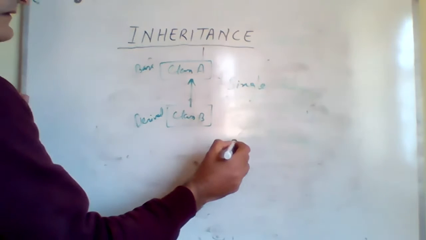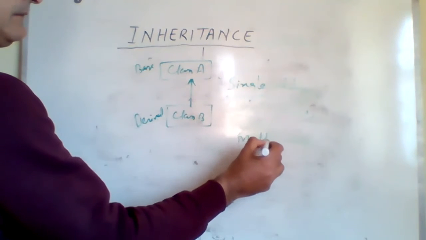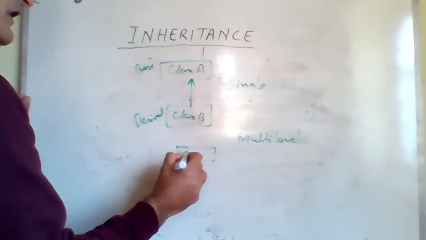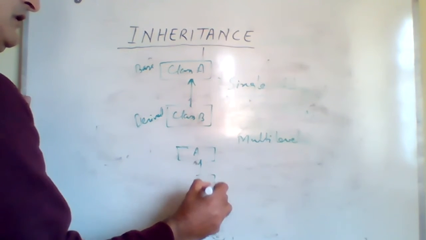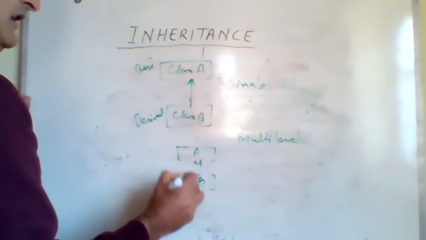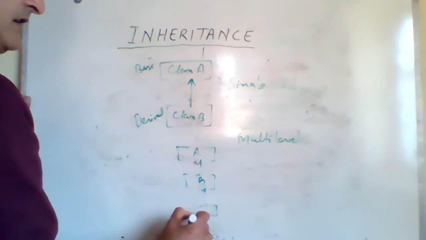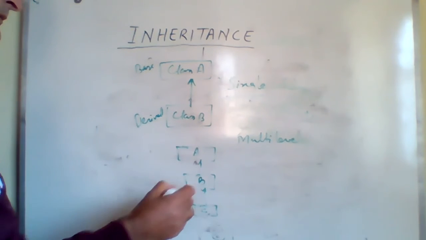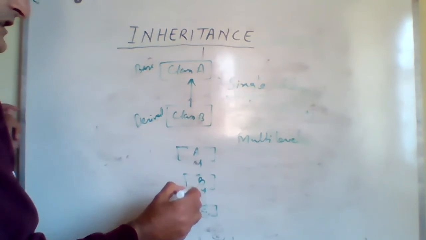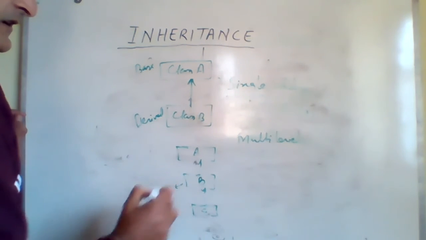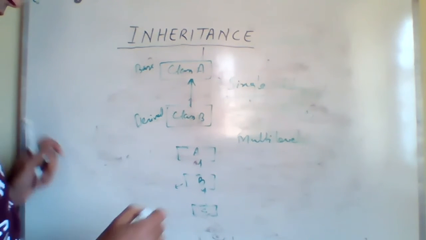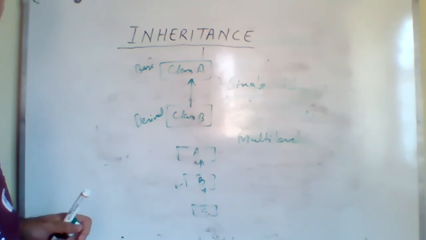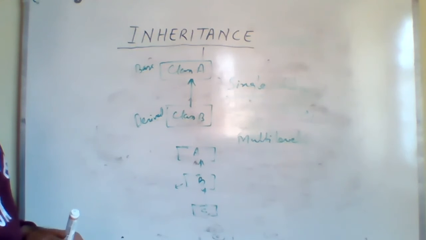Next is multi-level. At that time, we have class A, class B is inheriting from class A, class B is a derived class, and we have another class, class C, that is inheriting from class B. So class B is the base class for class C. This way, the inheritance goes beyond the first level.